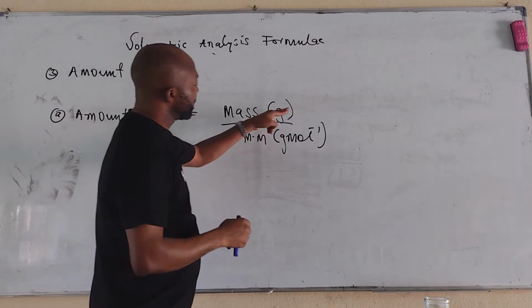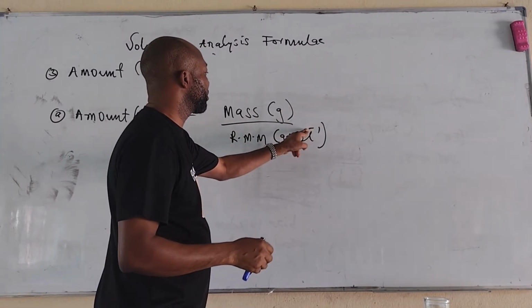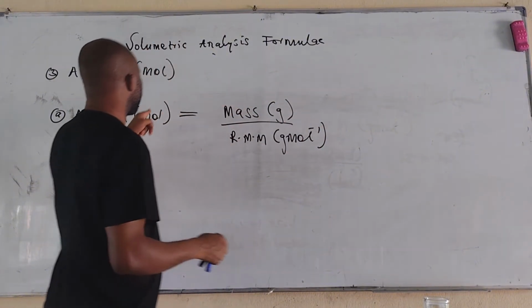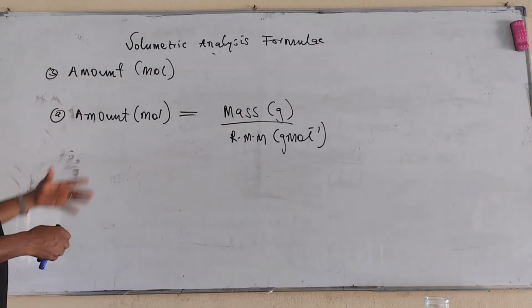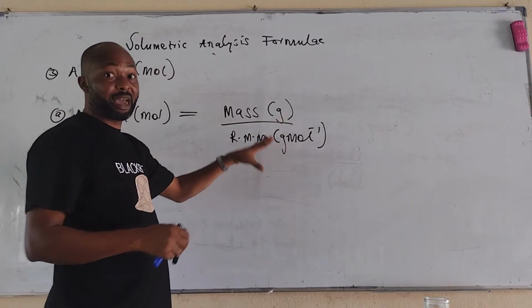So this will cancel this. The inverse of minus 1 is plus, which is 6. So this is the first formula for amount. You can use this formula to get anything you're dealing with in amount.